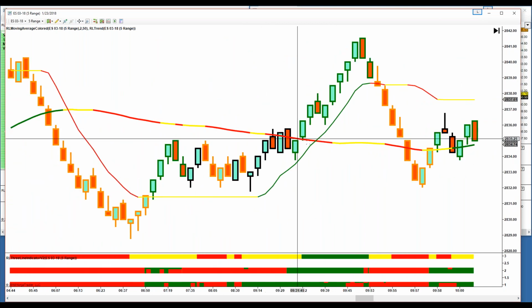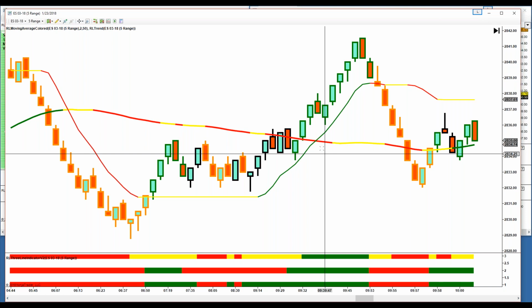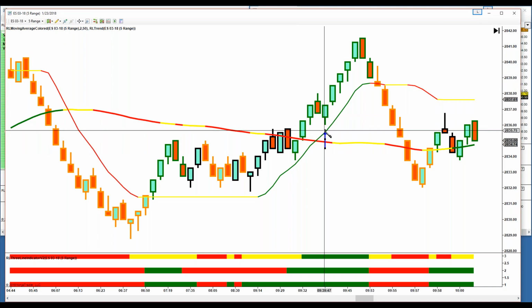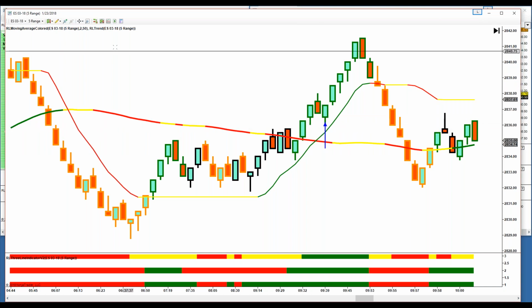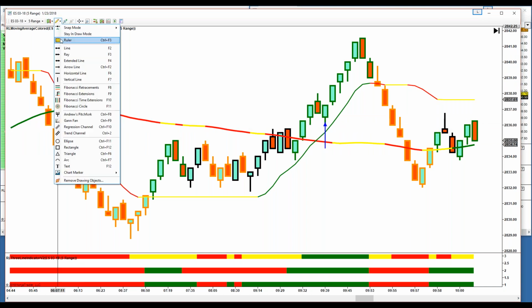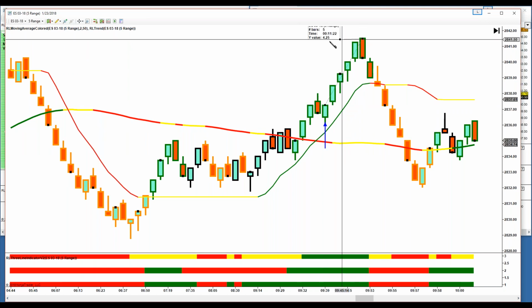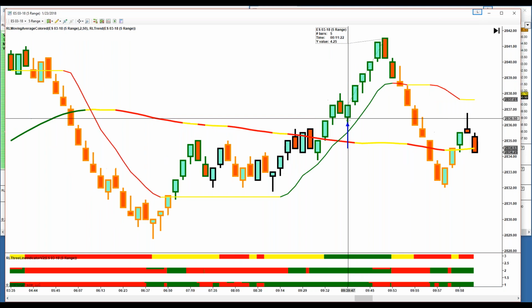And here's another one right here on a pullback to support, single candle. And there's the continuation trade up. This is at 9:39 in the morning yesterday. Now remember the trade. For 4.25 points.